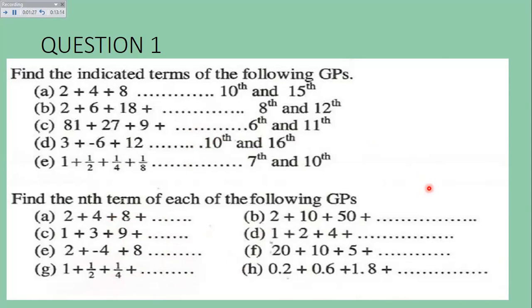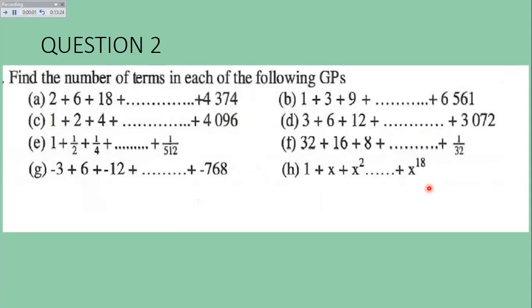I hope you've understood what you are supposed to do. So find the number of terms in each of the following. So here I'm just interested in A and H. Find the number of terms in this GP there.